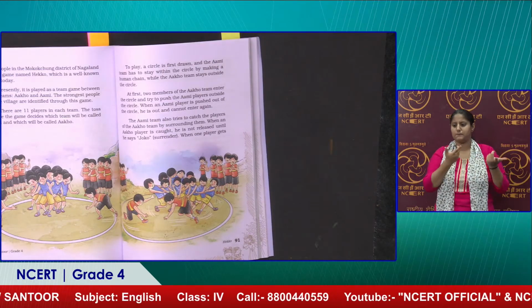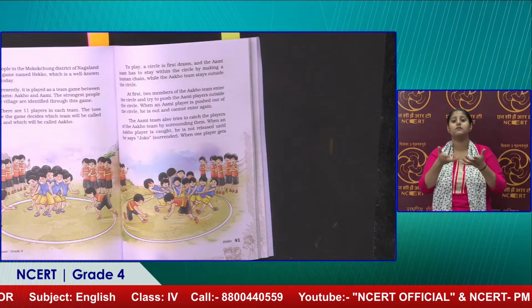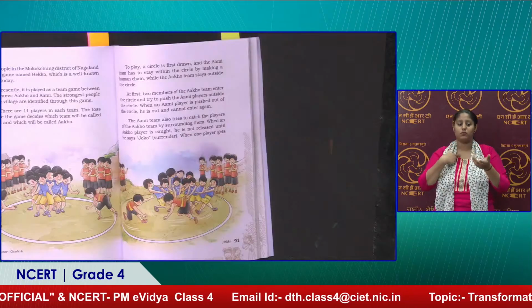In those days it was played to identify the strongest youth in the village who would be useful for hunting and for fighting and so on. But now it's a children's game, and it's similar to Kabaddi in many ways. So, again we are asking children to compare the games and to talk about them.